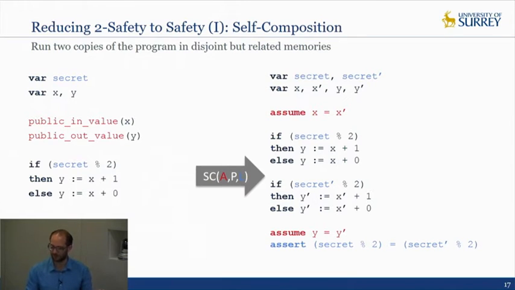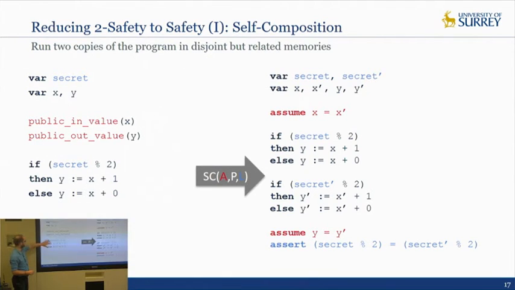So historically, the first such transformation to have been proposed was self-composition. So you take your program with its annotations. The leakage model I'm using here is the one I showed above, but the only thing that leaks here is a branching operation. So you take your annotated program, and you make 2 copies of it into disjoint memory spaces.